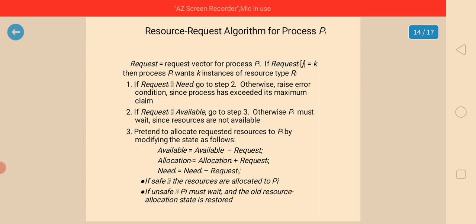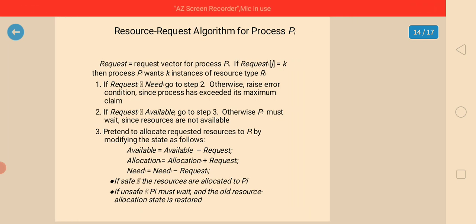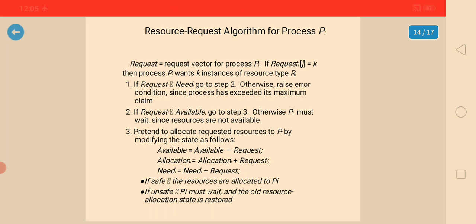So here is the resource request algorithm for Pi. Request is the request vector for Pi. If Request is less than or equal to Need, go to step 2; otherwise raise an error condition, since the process has exceeded its maximum claim. If Request is less than or equal to Available, go to step 3: Available equals Available minus Request, Allocation equals Allocation plus Request, and Need[i] equals Need[i] minus Request[i].